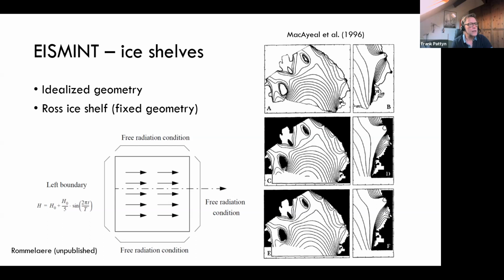There exists an idealized case experiment for the ice shelf equation that was launched by Vincent Rommelaere, but yeah, this is unpublished. This has never gone any further, but the experiment exists, and I've tested all my ice shelf equations using that setup. It's very interesting to do so, to test an ice shelf model.